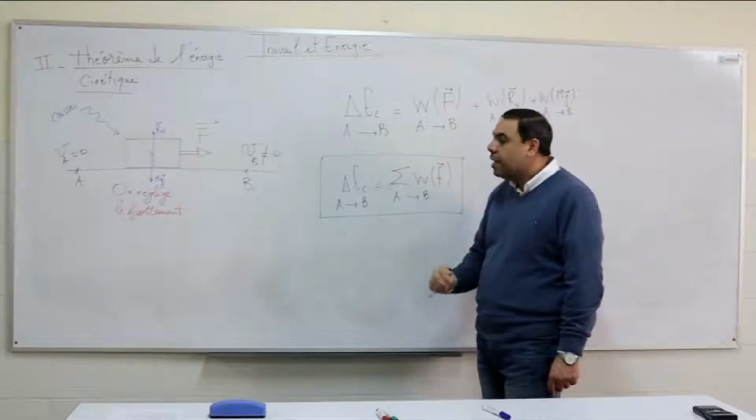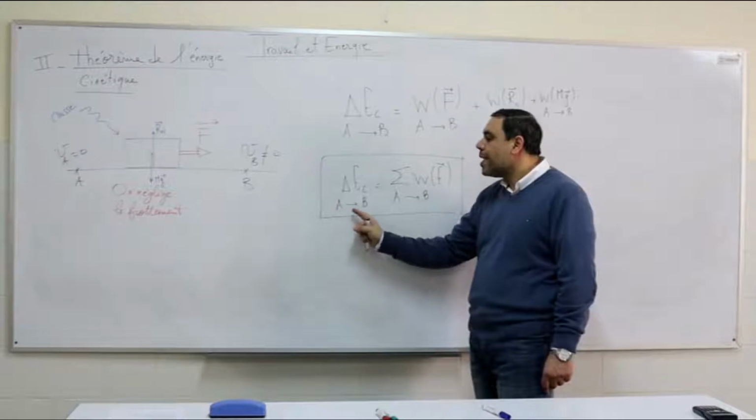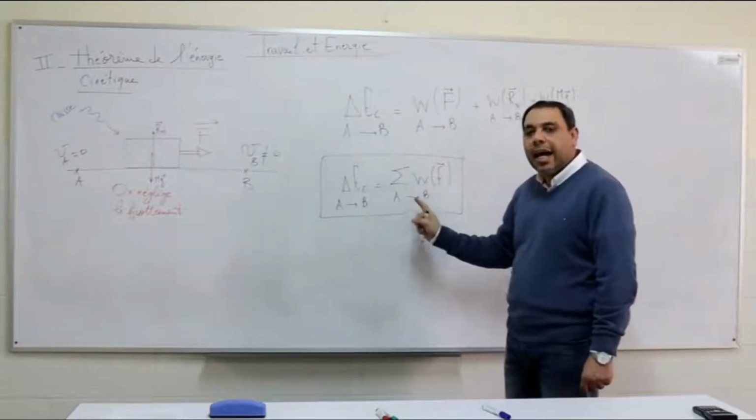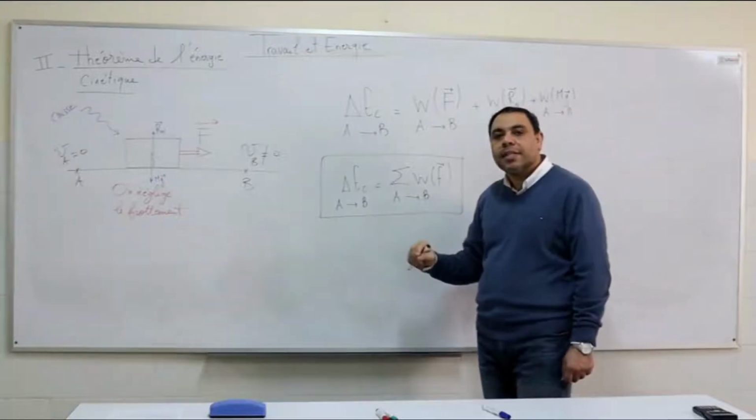The kinetic energy theorem states that the variation in the kinetic energy of a system between two given instants is equal to the sum of the works of the forces acting on the system between the same instants.